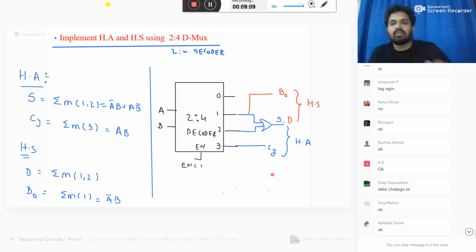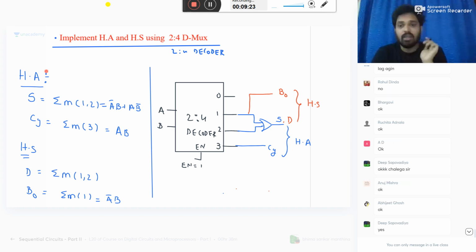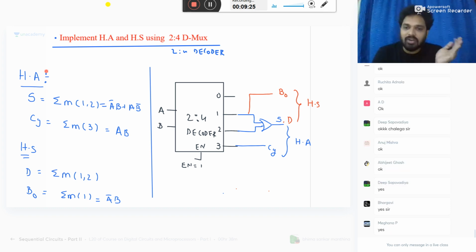So listen here, one important point. For mux, earlier we discussed, mux can implement only one function at a time. I told this or not? Mux can implement only one function at a time. But decoder can implement multiple functions also, though it will require extra gates. Let me show you that. Using one decoder, you can implement more number of functions, not like mux.